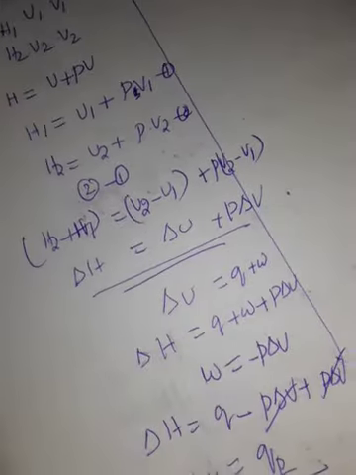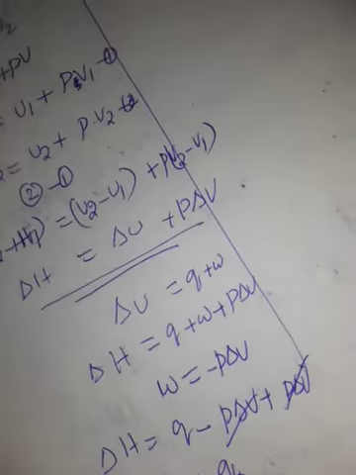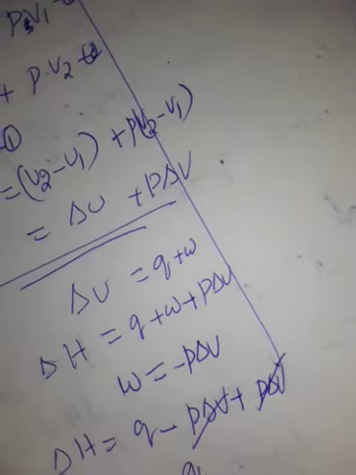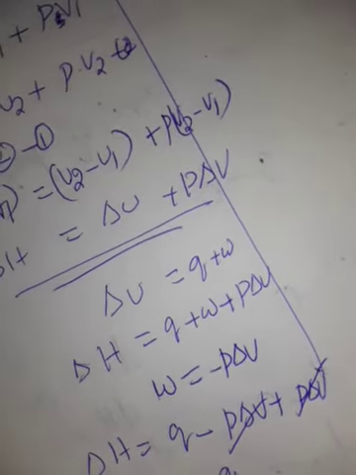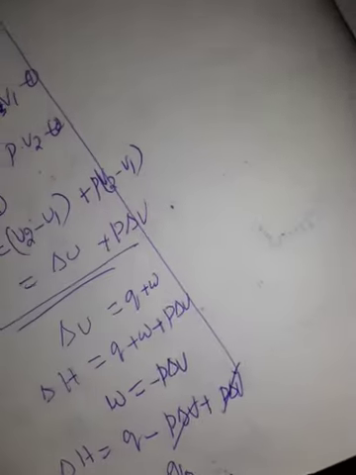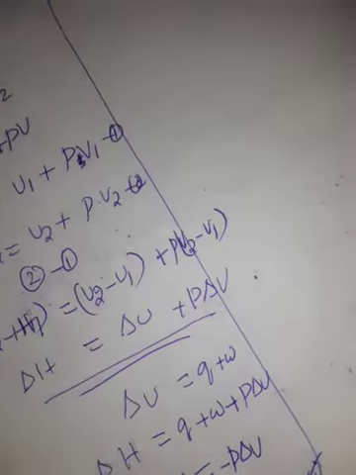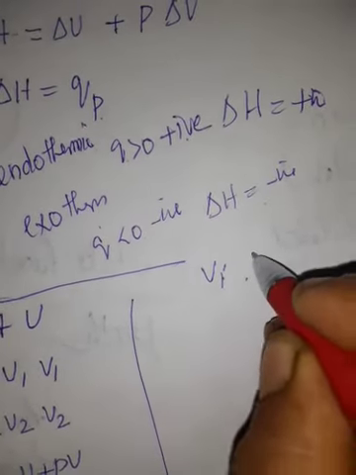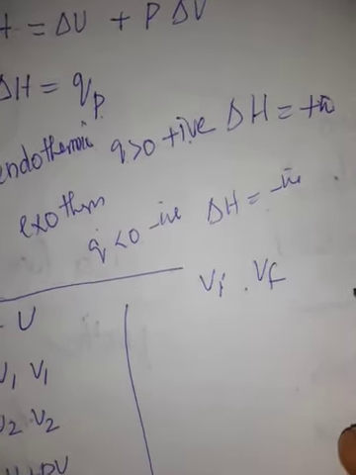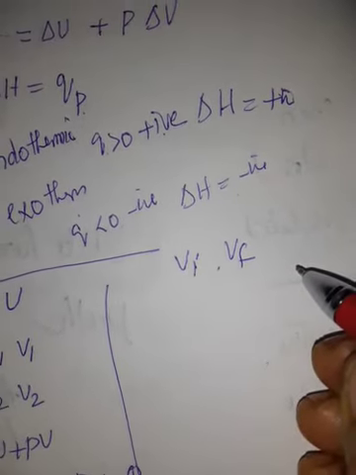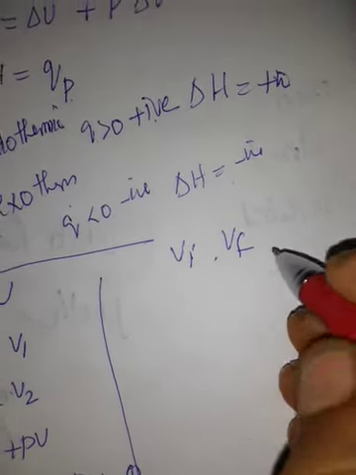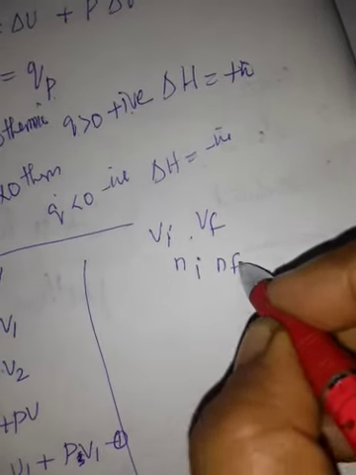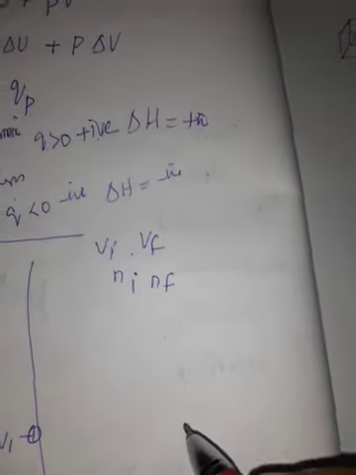You have to derive it. Now consider a closed system having gases which are chemically reacting to form gaseous products at constant temperature and pressure, with volume Vi and Vf as the total volumes of the reactants and products, namely ni and nf, that's the number of moles of gaseous reactants and products.